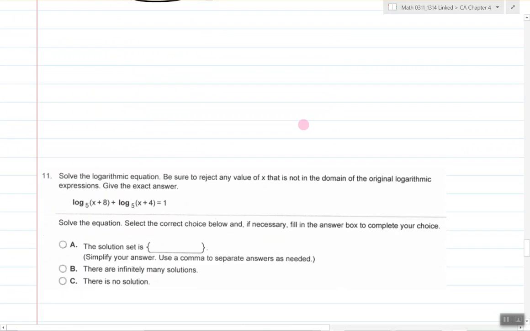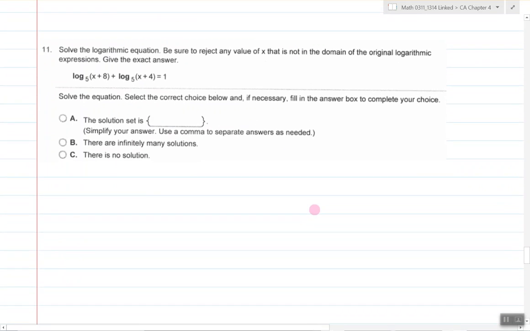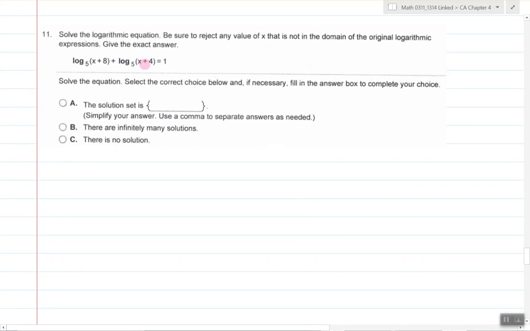Let's look at number 11. All right, now this has more than one log statement, so I need to remember that the sum of 2 logs is equal to the log of the product. I'm condensing. This will be log base 5 of x plus 8 times x plus 4, and that equals 1.